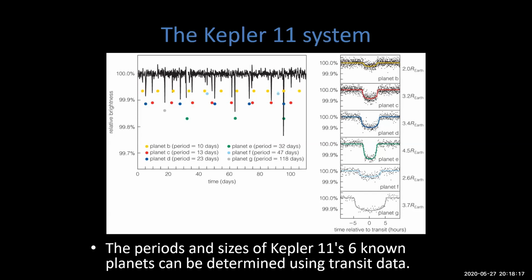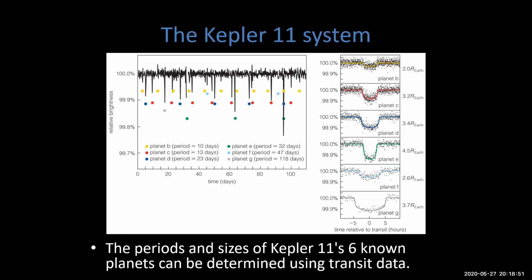What else? The sizes of the planets, the radius of the planets, can be determined based on how much light the planet blocks out. If you know how far the planet is away from the star, and you know how much light it's blocking out from that star, you can calculate how big the object must be at that location to block out that much light.